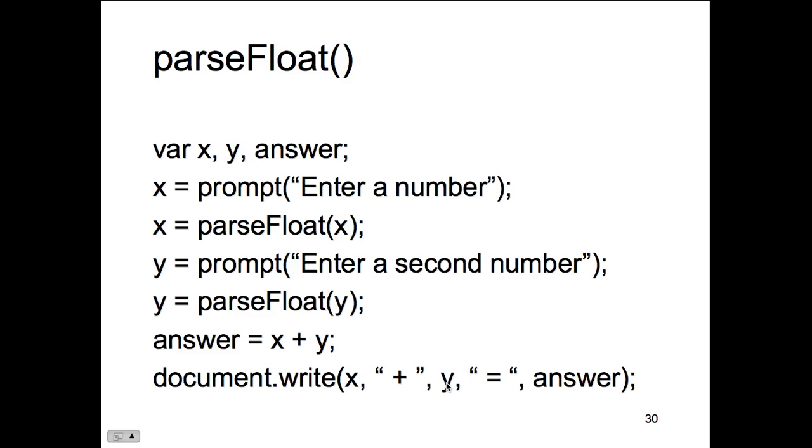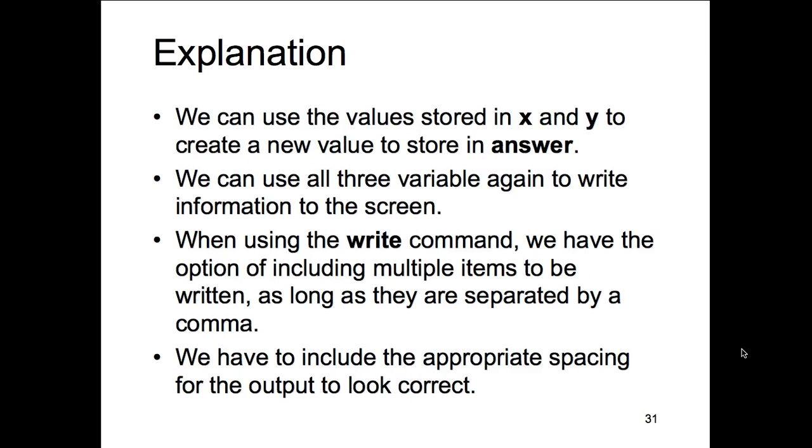So we're mixing and matching strings with numeric values in our document.write. We're taking the strings explicitly and using quotation marks to say these are going to be the strings, and we're printing out the variables by just putting in the variable names. So that's a combination of everything we've looked at so far in terms of the concepts.